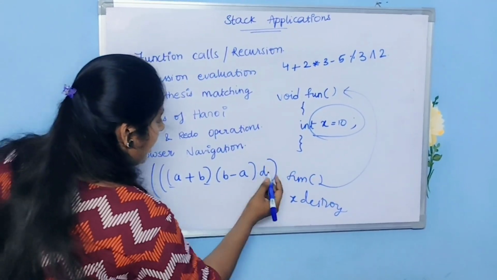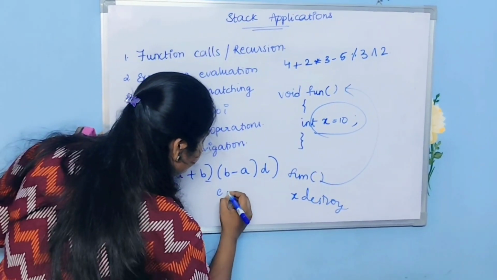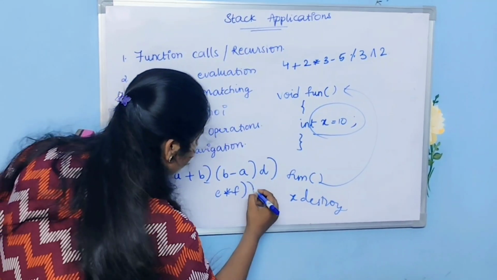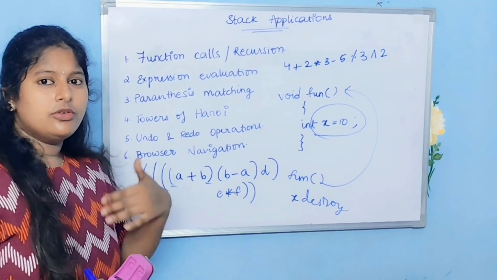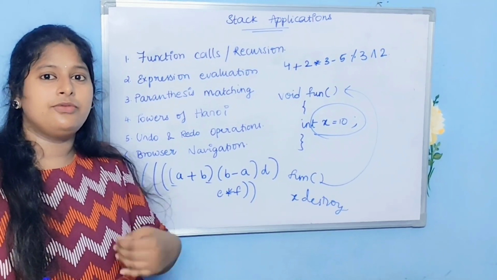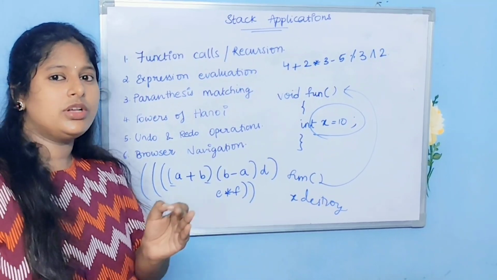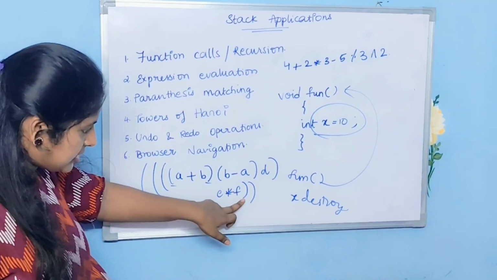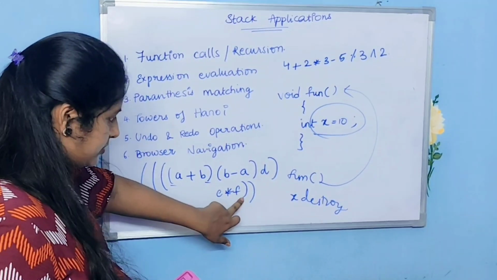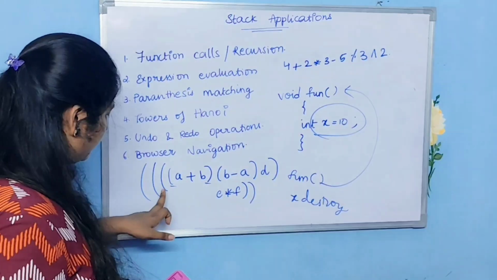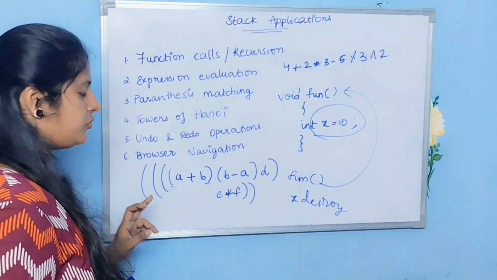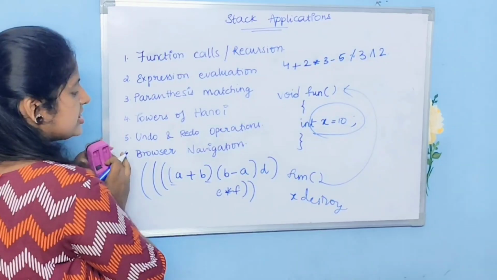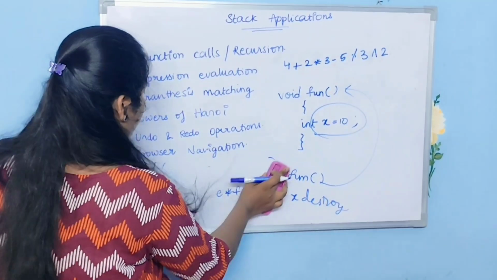For example, if I have a statement like this, will we understand it clearly by seeing, or do you have a little confusion? I don't know which bracket this belongs to, this belongs to, right? I don't know which bracket this belongs to. So for that, this is called parenthesis. For parenthesis matching also, stack is used, right?